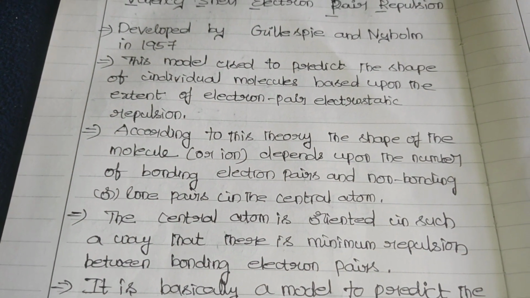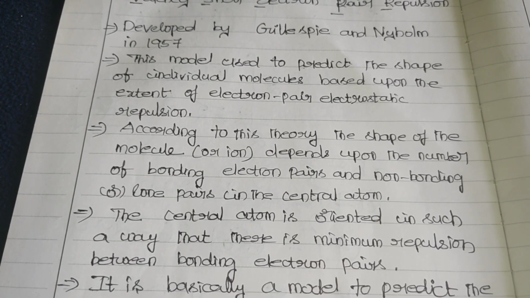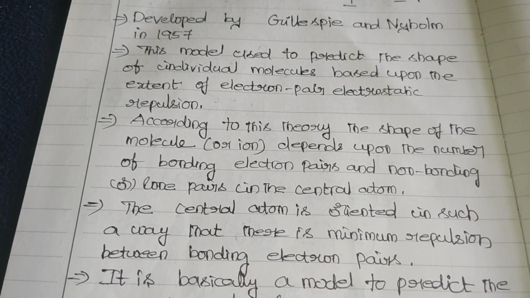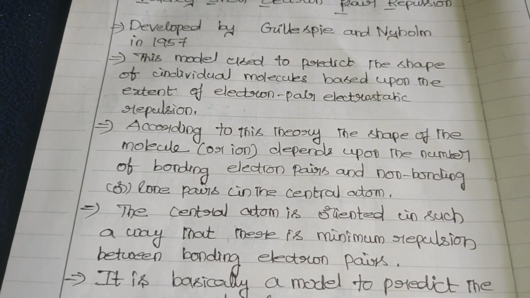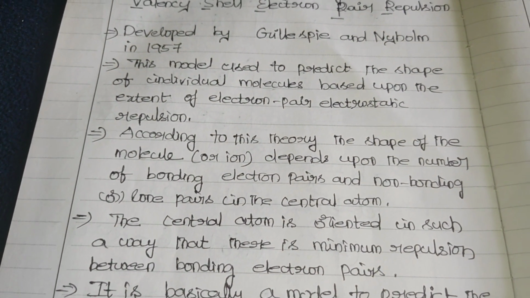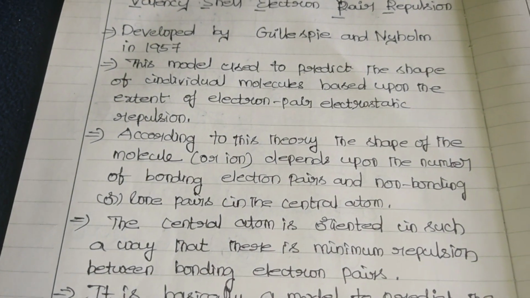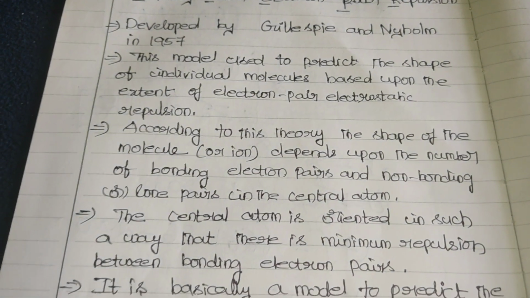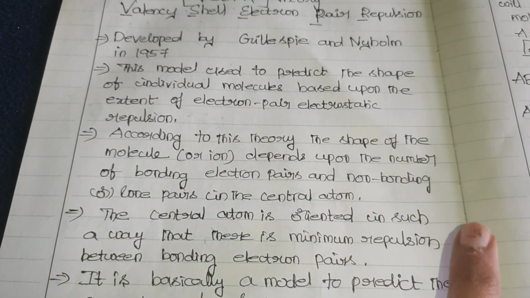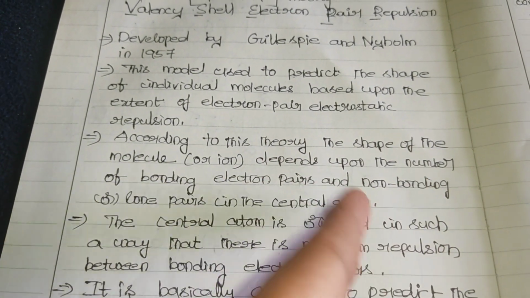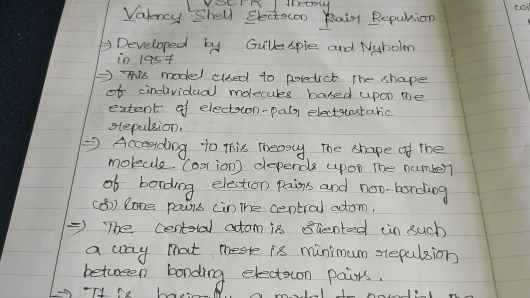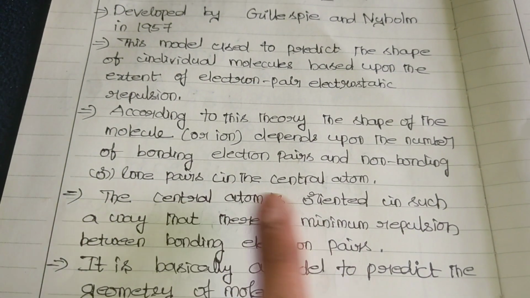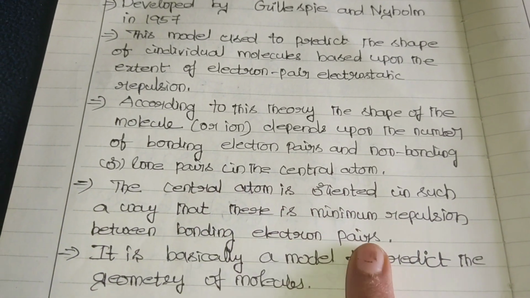Bonding electron pairs will share the electrons, and non-bonding electron pairs are already paired and will not participate in the bond formation of the central atom. Because of these two types of electron pairs, the shape of the molecule will depend. The central atom is oriented in such a way that there is minimum repulsion between the electron pairs.